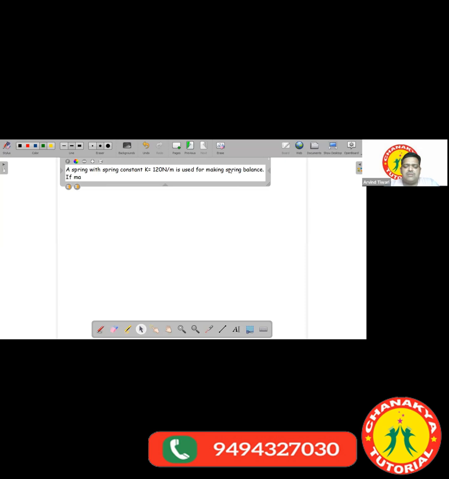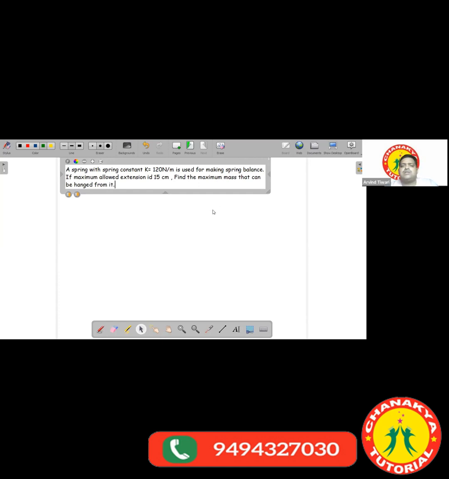So if the maximum allowed extension is 15 centimeter, find the maximum mass that can be hanged from it.